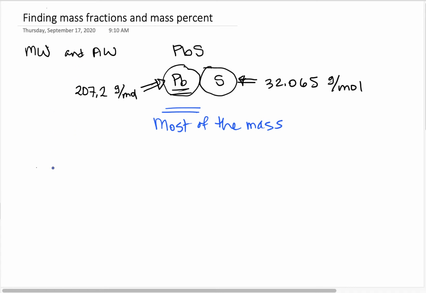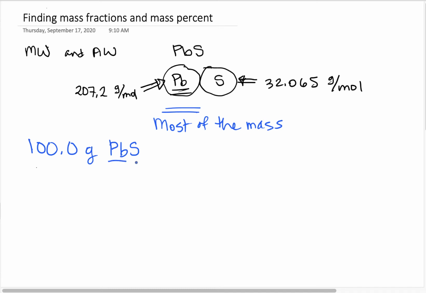So, for example, if I get a 100-gram sample of lead sulfide, most of it is going to be lead by mass, and a much smaller fraction of it will be sulfur, even though they are 1-to-1 in terms of their atomic relationship, right?